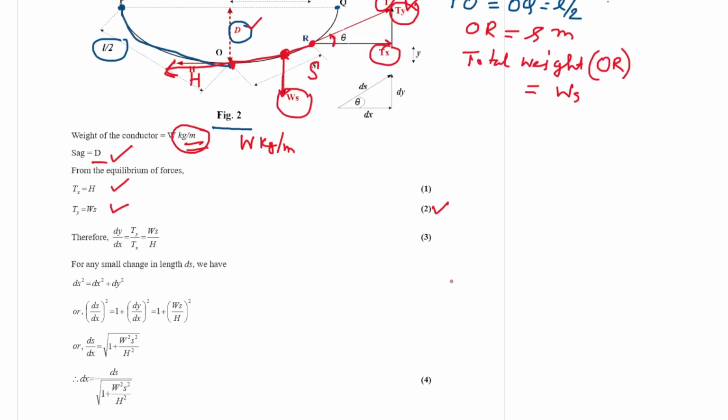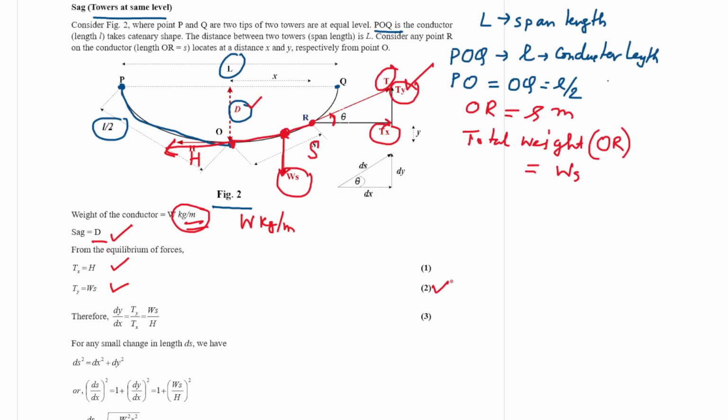Now, if due to temperature variation a very small change ds in length occurs, then an elementary change dx will occur along the x direction, and an elementary change dy will occur along the y direction as well.